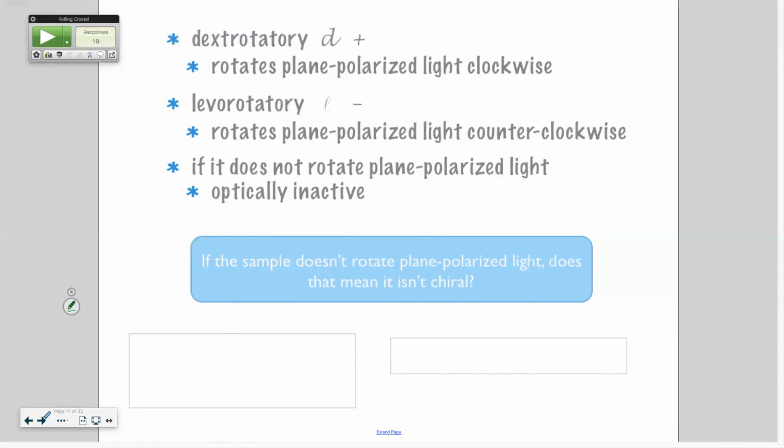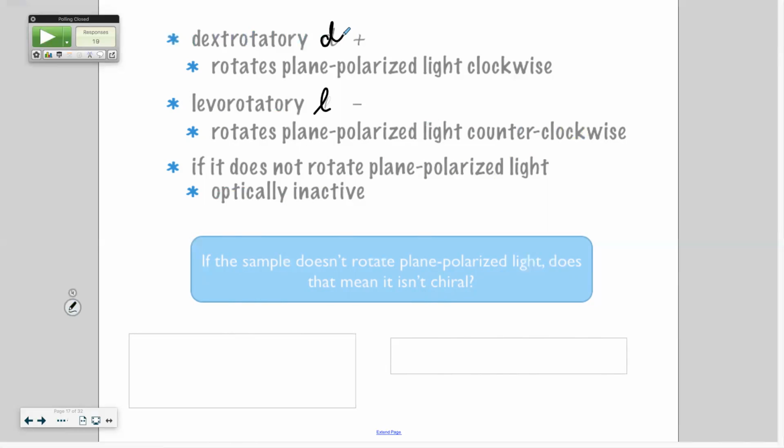Generally speaking, these will be designated with italicized letters, or sometimes I've seen the L, this is really light, cursive, and the D kind of cursive, okay? Okay. If it does not rotate plane polarized light, it's called optically inactive.